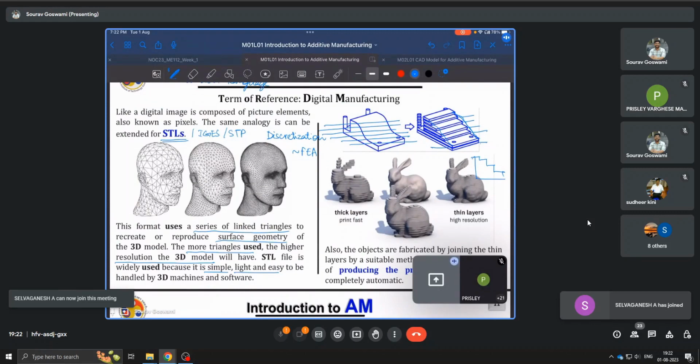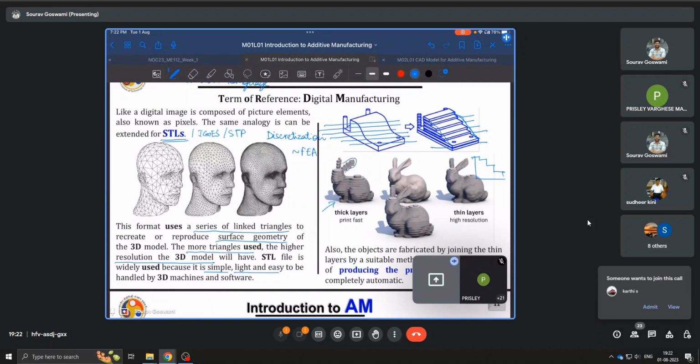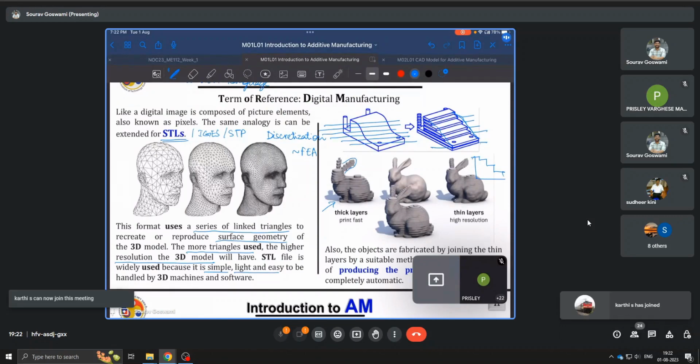Here you see that the same complex geometry of a rabbit, when it is sliced into thicker layers, will print fast, but as you can see, it is not actually capturing the exact geometry. It is coarse. However, when we are slicing it using very thin layers, the geometry is reflected well. It is able to catch most of the complex geometry.